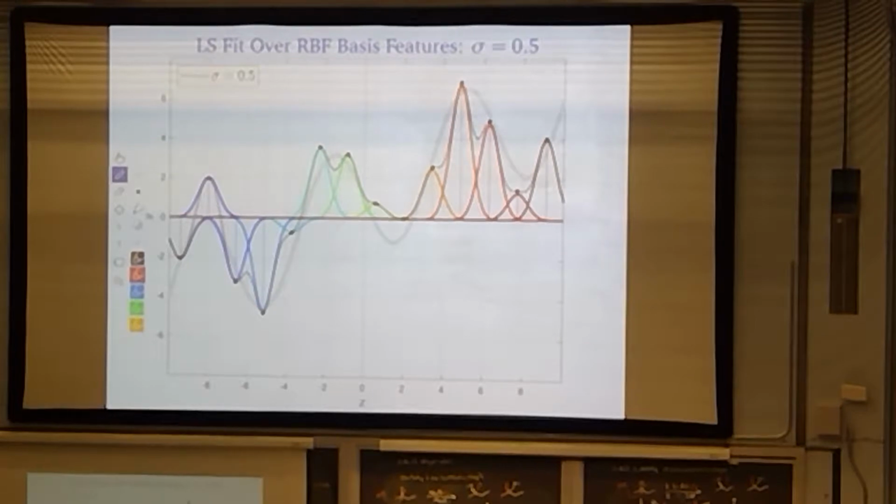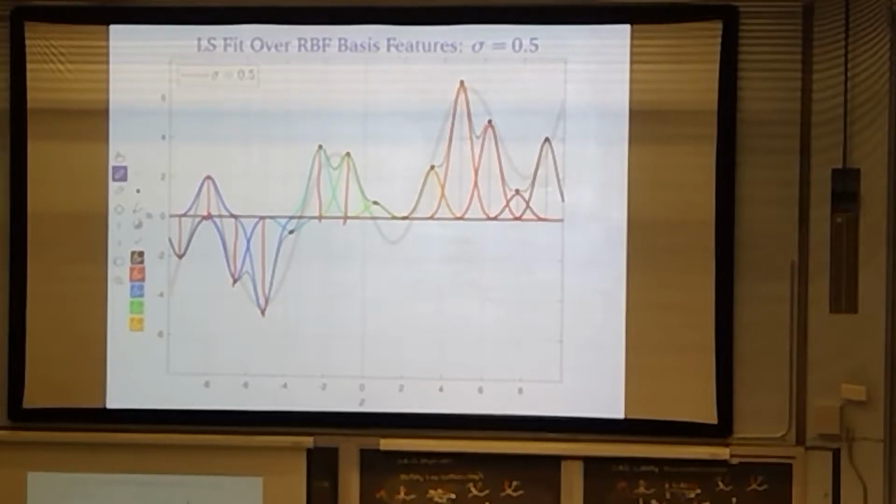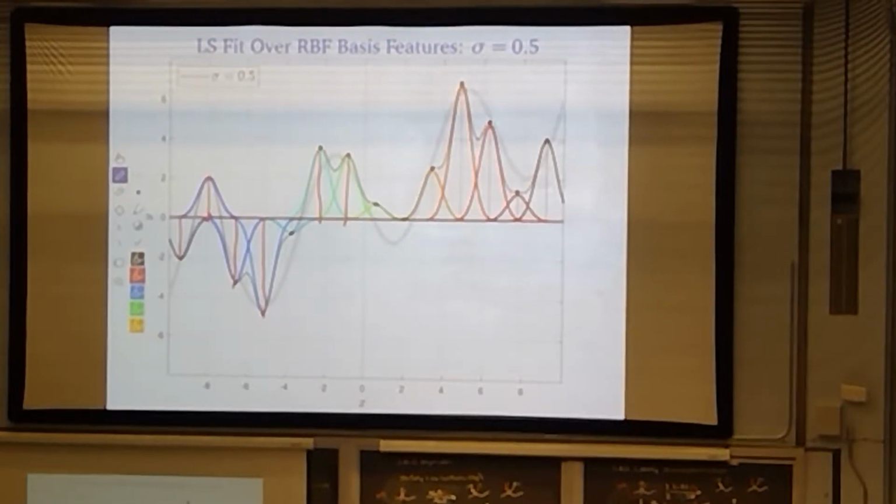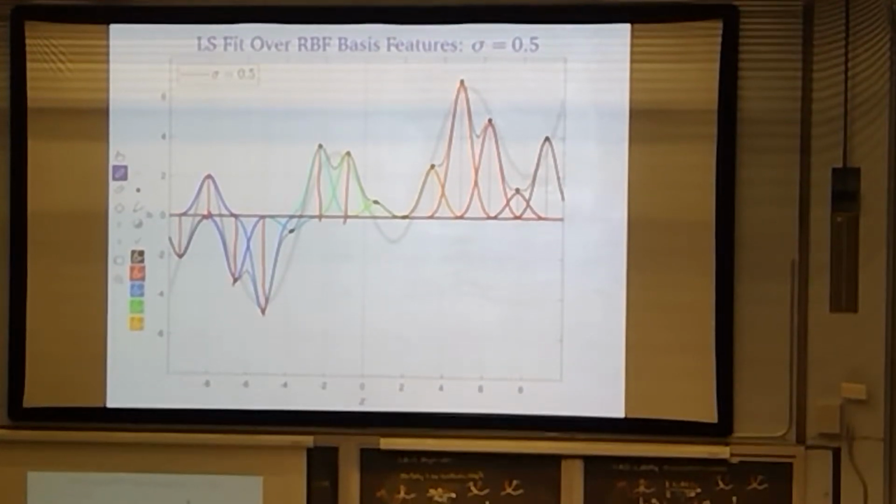At sigma equals 0.5, each bump is of the same width, and you can see that at each bump's center, I have drawn a line connecting it to its peak. These are where the samples are. Each sample contains a bump. Now I will find the best linear combination of these bumps in order to fit these 10 points.